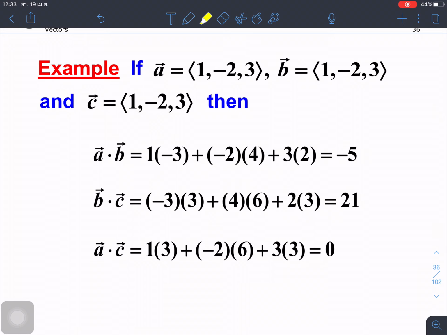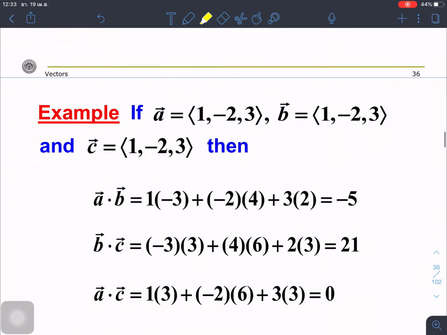I think there's a mistake here: A, B, and C are the same? No, they shouldn't be the same. This example has a typo. Let me cross this out. I think B is -3, 4, and 2. Please change that in your document.